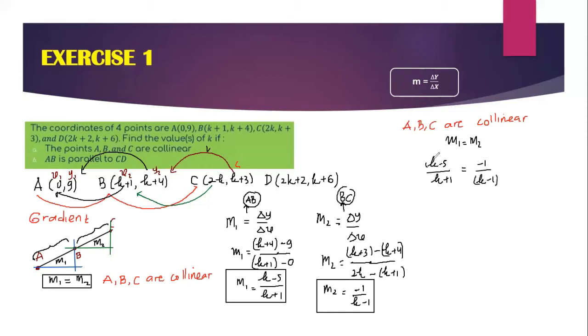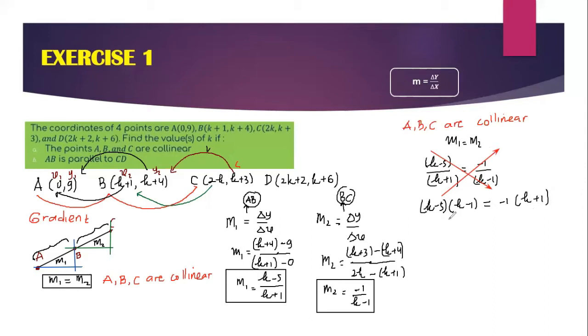So what should we do? We have to cross multiply, right? The first diagonal and the second diagonal. We can simplify the equation by cross multiplying: k minus 5 times k minus 1 equals minus 1 times k plus 1.